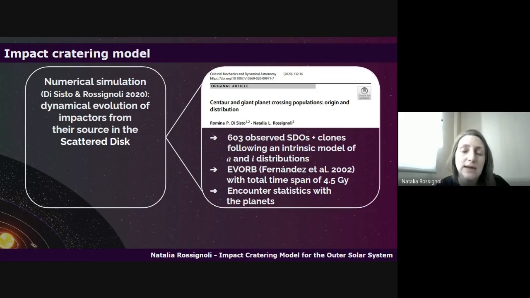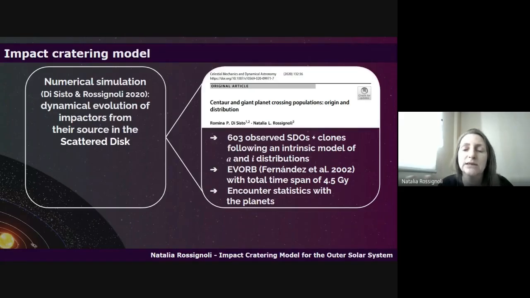We chose 603 observed scattered disk objects, which are the family of origin from which these heliocentric impactors originate, and we cloned these observed objects following an intrinsic model of the semi-major axis and inclination distributions. Why is it intrinsic? Because we built a debiased model of this distribution, because we understand that the discovery of these objects favors the ones that are closer to the perihelion.